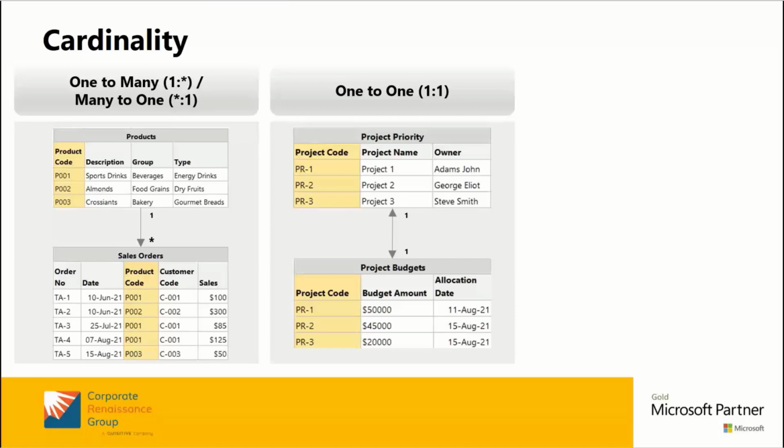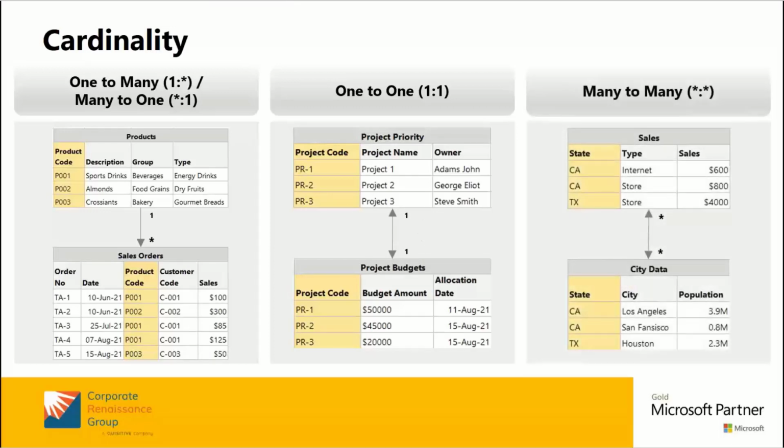I don't really have to have two tables and do a one-to-one relationship like this, but in some scenarios you may have to do this. If we have to do this, then this is called a one-to-one relationship. Why one-to-one? Because of the cardinality of the column that we are using for the relationship. In both the tables they are unique, so this is one-to-one. Ignore the arrows for now. It's a one-to-one relationship, and we say try to avoid it.